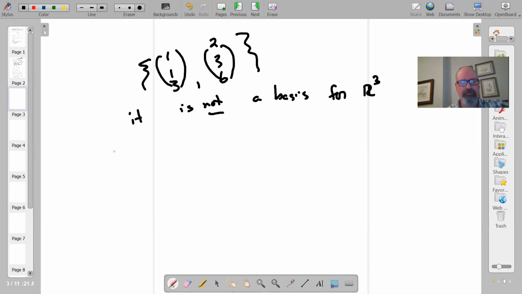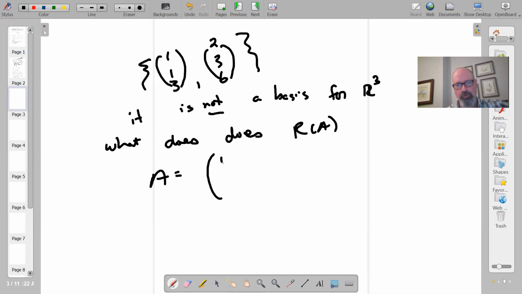How can we be sure of that? When you put those things in the column space, what does the range of A look like when A is equal to 1, 1, 3, 2, 3, 6?